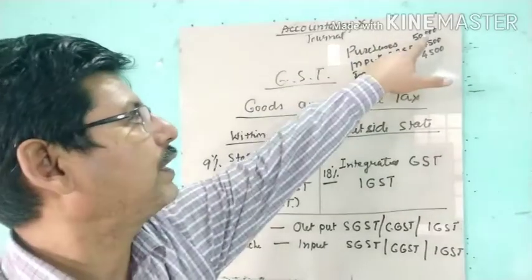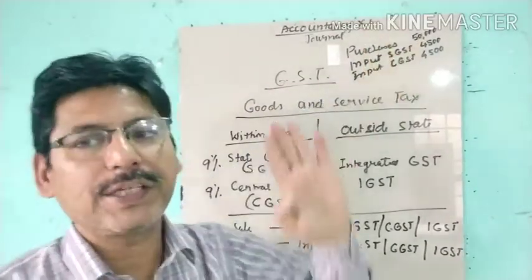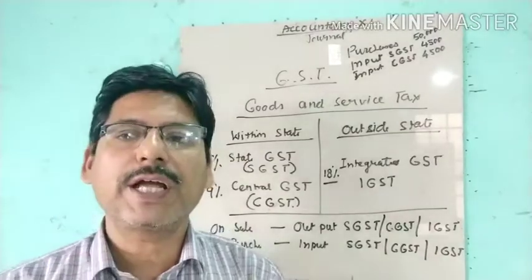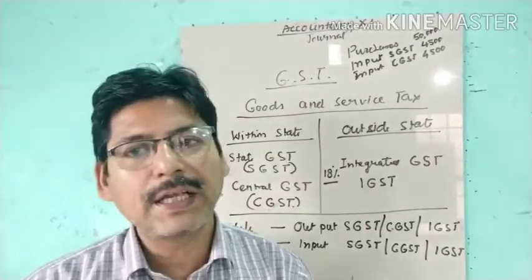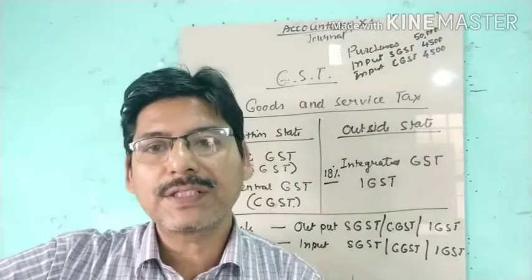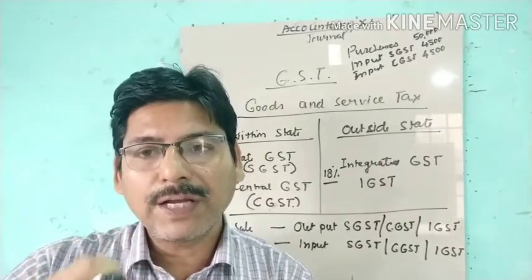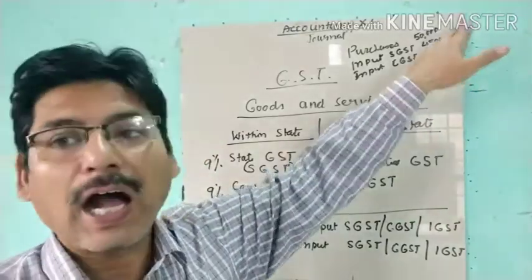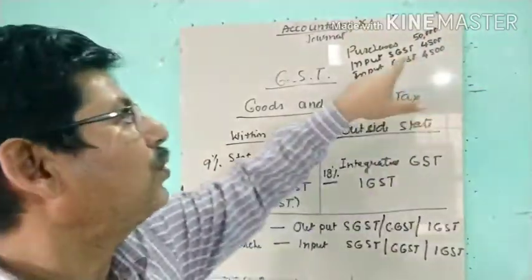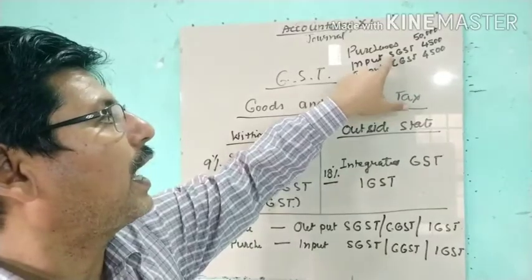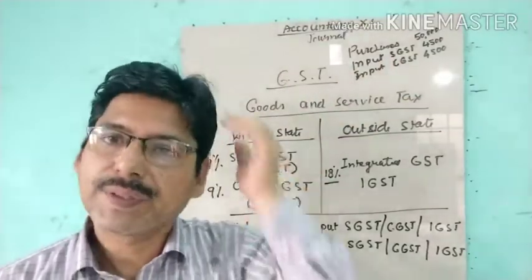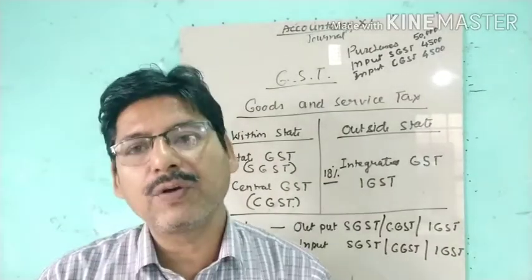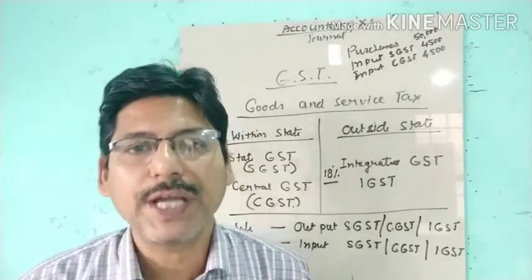The goods we are buying come into the category of 18% tax, and half of this 9,000 will go to CGST and half to SGST, means half to the center and half to the state.